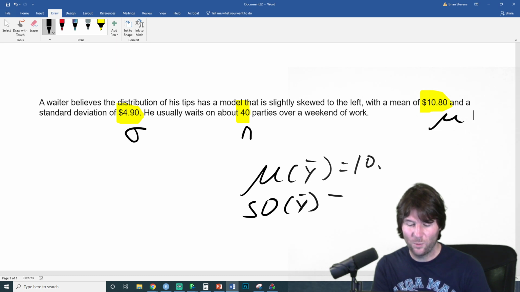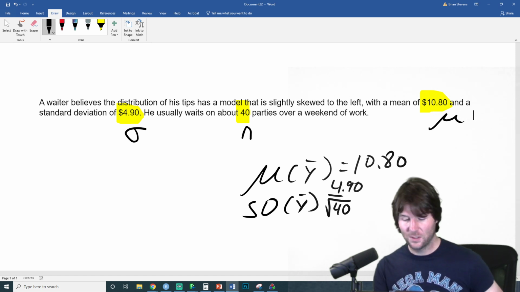So we go here and we go 10.80, and then 4.90 over square root of 40. And so that'll get us the standard deviation.